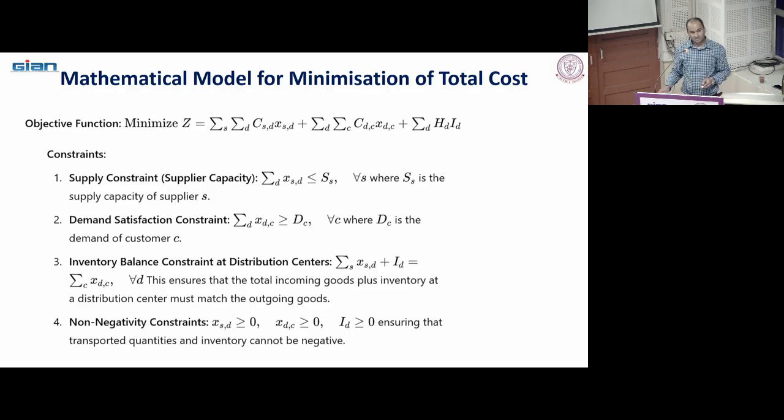What is the first constraint? Can you explain? Supply constraint. What does it show? Summation of D and X of D less than or equal to S? Yes, capital S, and S is the supply of each supplier.